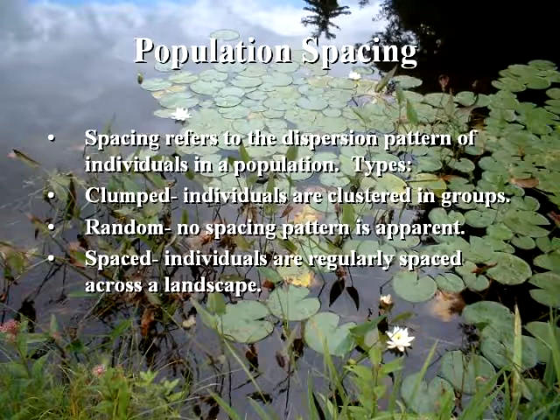And one last pattern that we find, particularly in desert plants, is a spaced pattern, where individuals are regularly spaced across the landscape and have a distance from other members of the same species that is approximately equal.